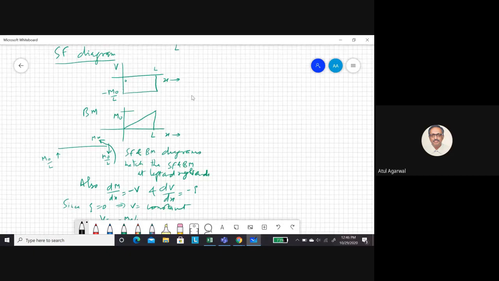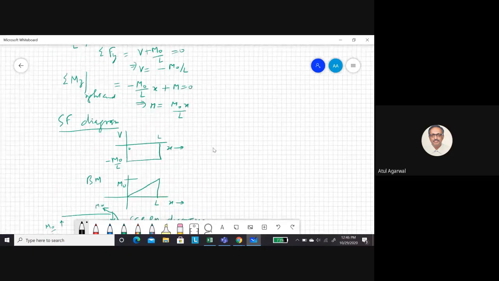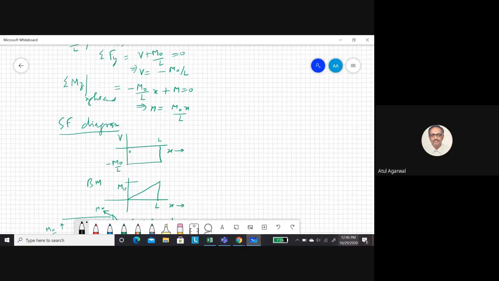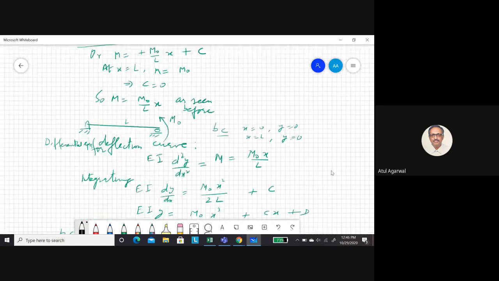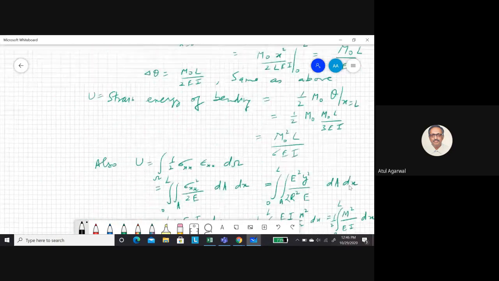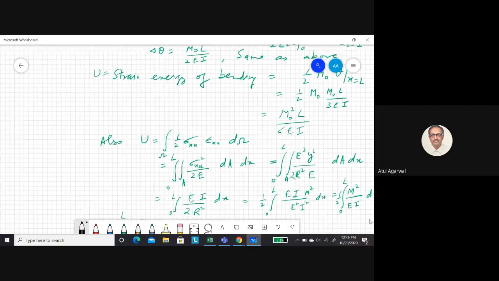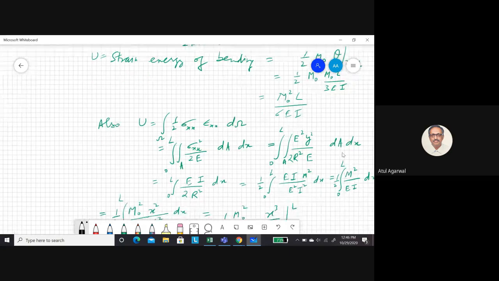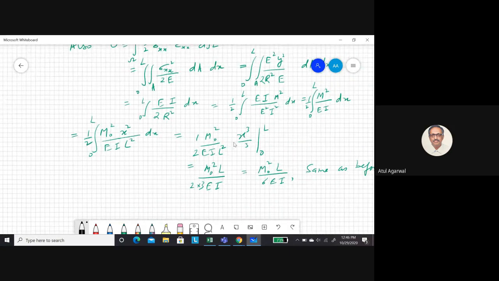See this equation: M is equal to M naught x by L. Instead of M, you put M naught x by L in this integration, and you will get the same answer as given by the work done by the external movement.